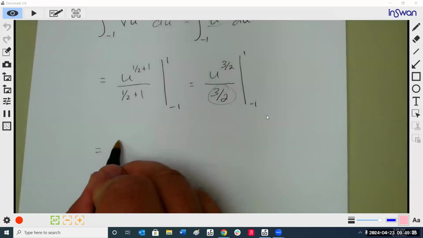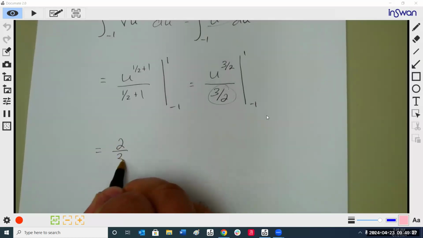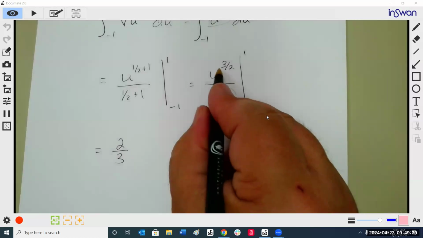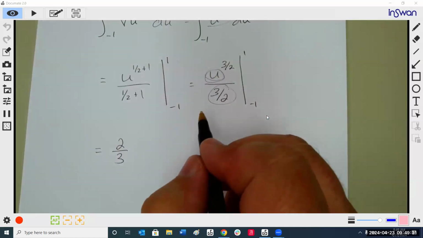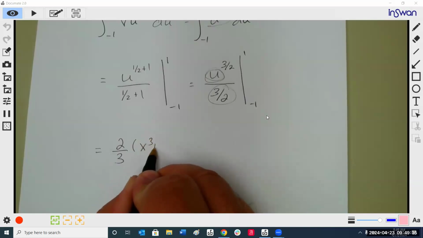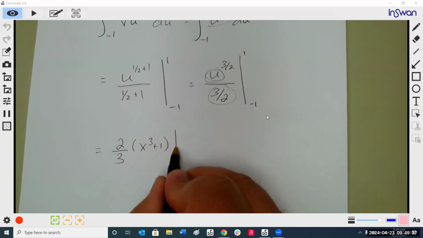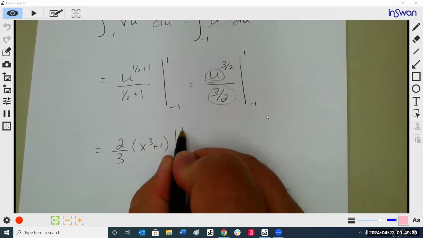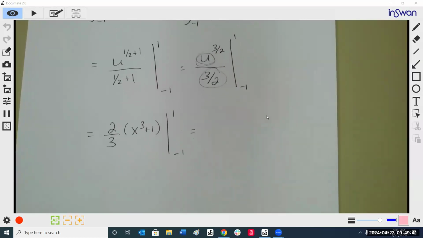Reciprocate the bottom. What is u? x cubed plus 1, from -1 to 1.